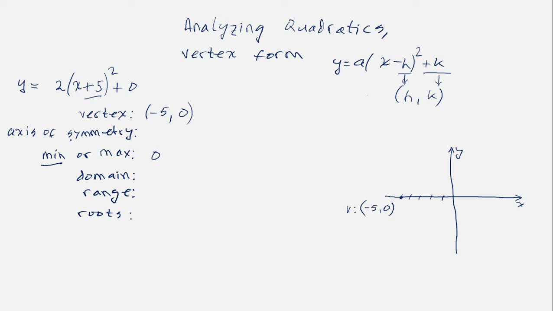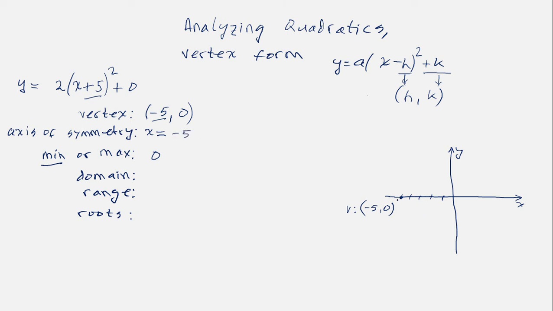Now, the axis of symmetry actually goes through the vertex. And the axis of symmetry is a vertical line. So we can say x equals, and it's always equal to the x coordinate of the vertex. So x equals negative 5.